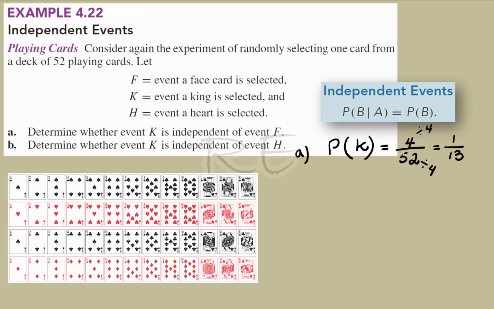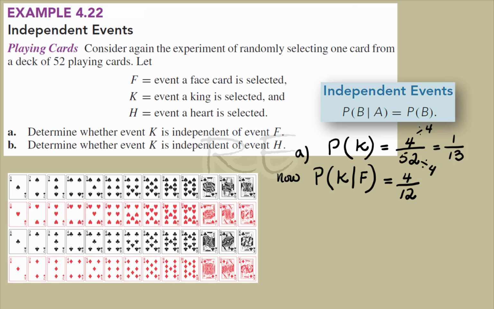Now, the probability of K given F, the probability of selecting a king given that it's a face card: we have 4 kings and we have 12 face cards. It's 4 over 12.